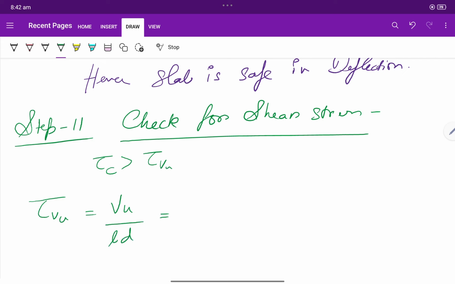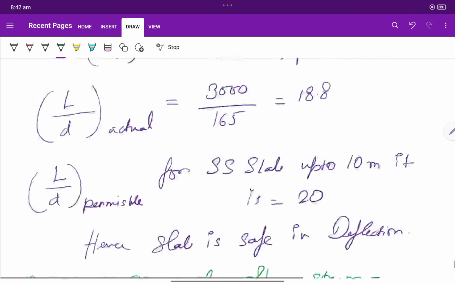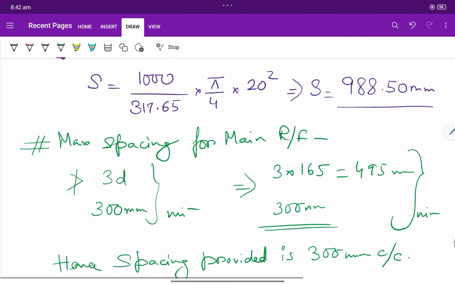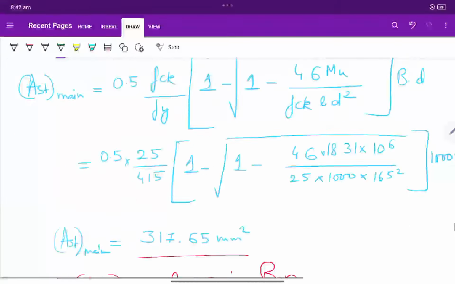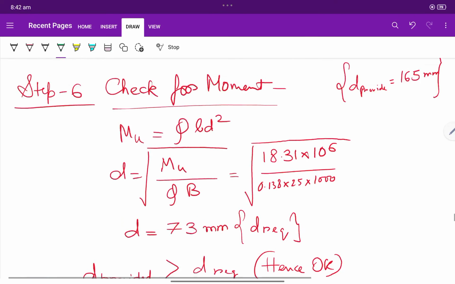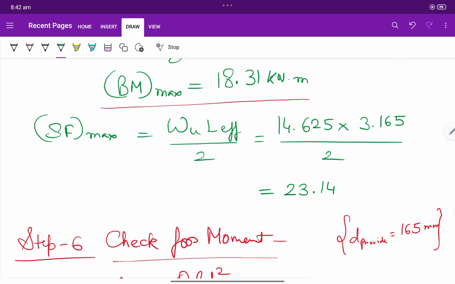Previously we calculated the vu value, which is 23.14.